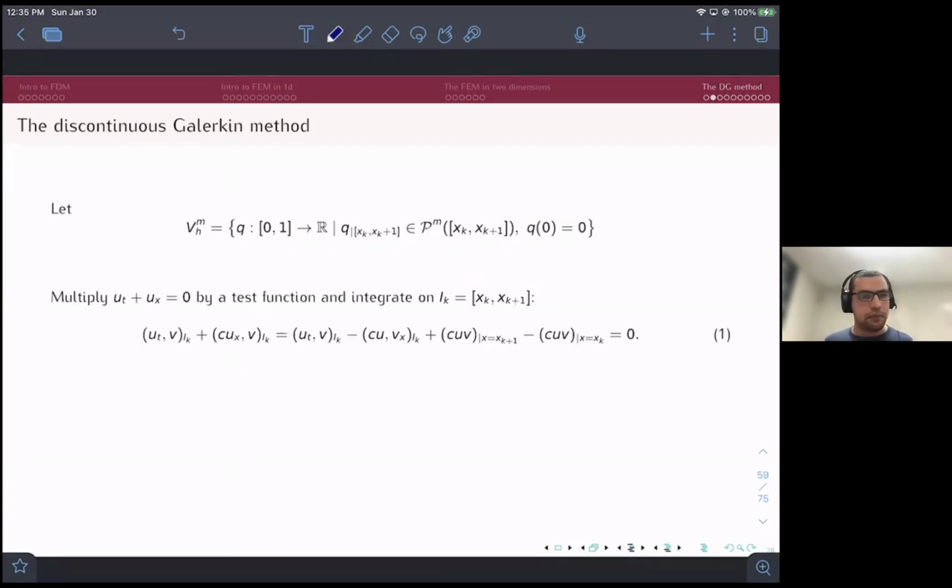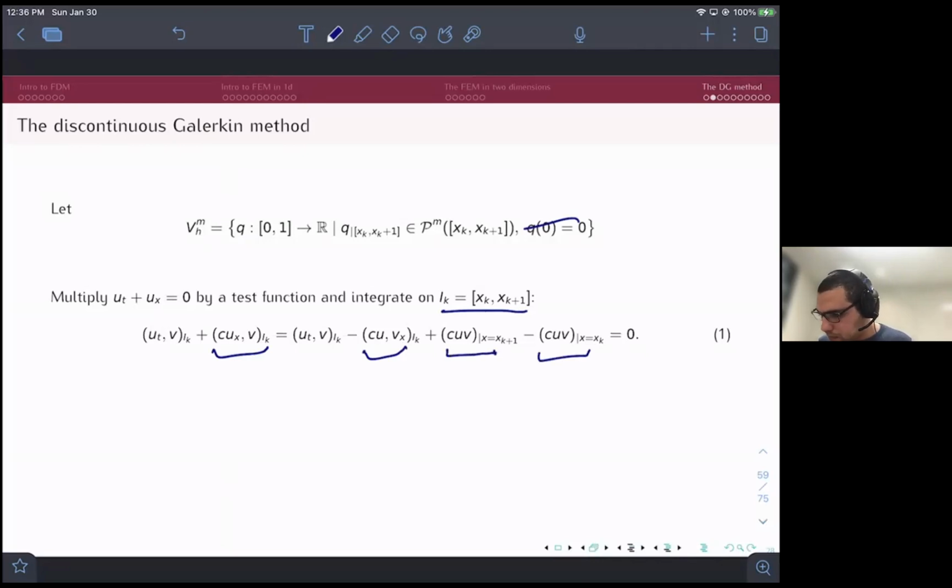Here's what we will do. We take ut plus ux and multiply it by a test function v and integrate it on Ik. We're not doing it on the whole interval. Our function is discontinuous, so we cannot apply integration by parts globally. Now, you can apply the integration by parts on this term here, and you will pick up some values on the boundary.